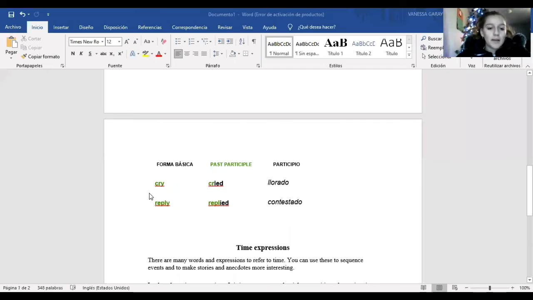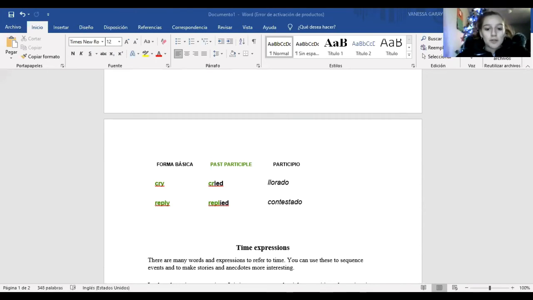Rule: when a verb ends in a consonant plus y, you have to change the y to i before adding the ed. Basic form, past participle, participio. Cry, cried, llorado. Reply, replied, contestado.